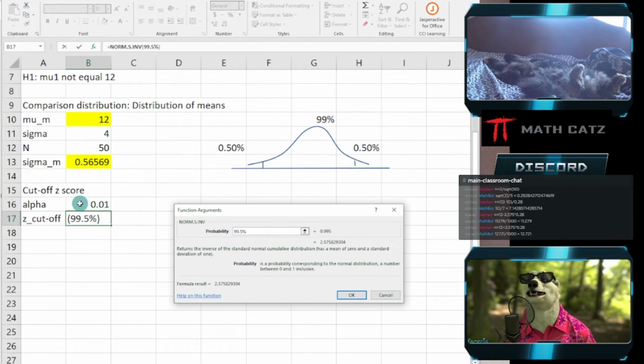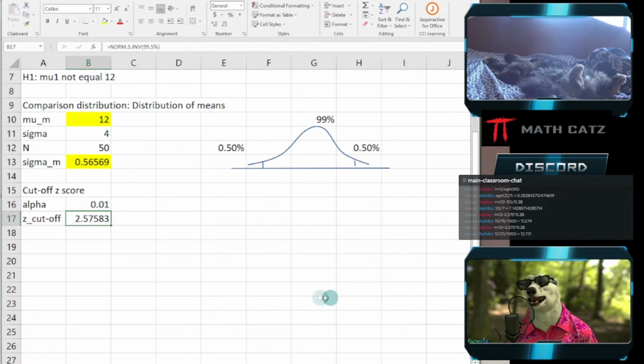I can also use this alpha value. Let me demonstrate that and say this divided by 2, and you see you get the negative, because that's the same percentage, the same probability, decimal version of the percentage of this one. So let's go with 99.5%, but you have a lot of options there.